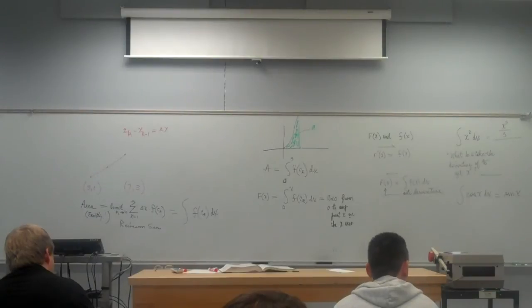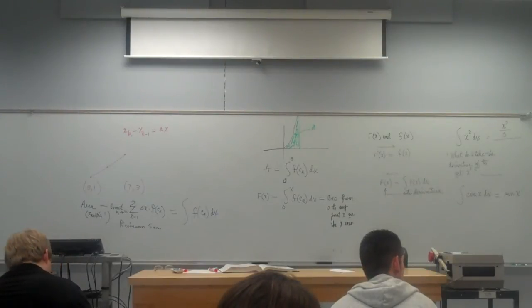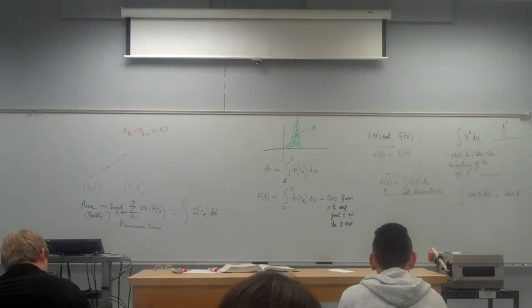Looking pretty easy to you? It is. But let's never lose sight of what that stretched S is. That stretched S is the sum of a whole bunch of little rectangles, is all it is.